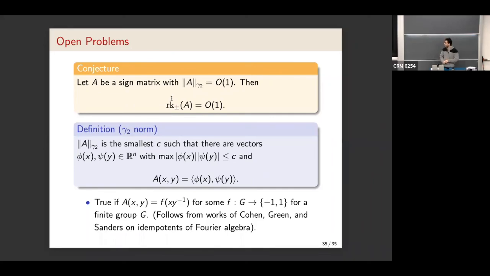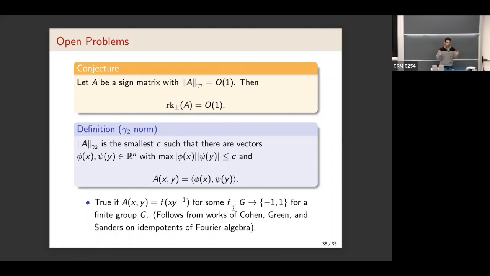And the reason that it holds is a deep one. There's this theorem of Cohen from the 60s, which characterized idempotents of the Fourier algebra. And then more recently, in the 2000s, Green and Sanders proved quantitative versions of those theorems. Those give you a nice structure; you can characterize the structure of these functions, and from that you get that the sign rank is bounded.